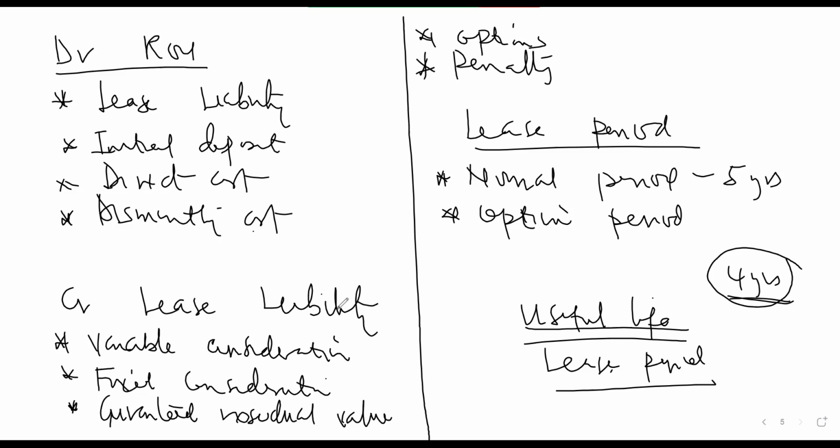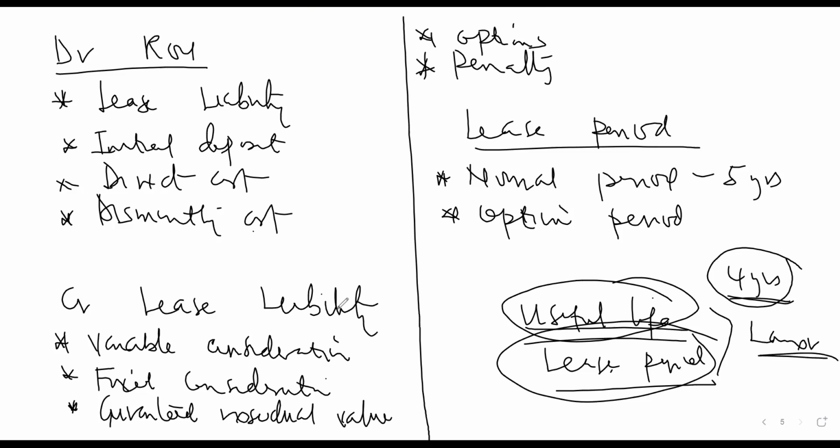It doesn't make sense. So if you are having a useful life and then the lease period, the period that you are going to be using will be the lower of the two. Those are the things that you'll be looking at. So let's pick that question and see how to go about it.